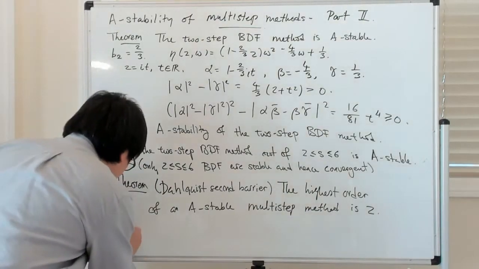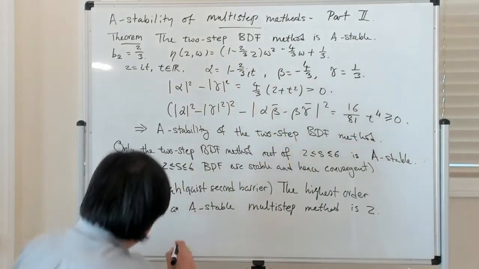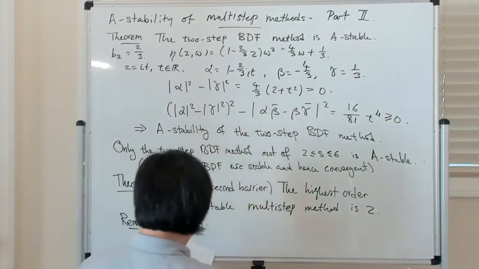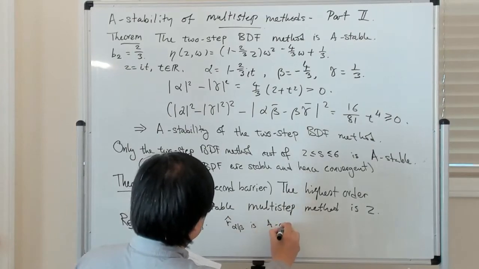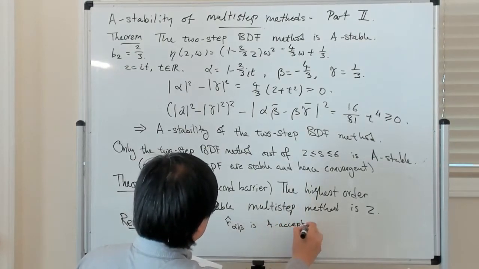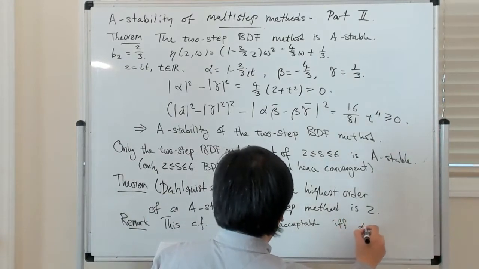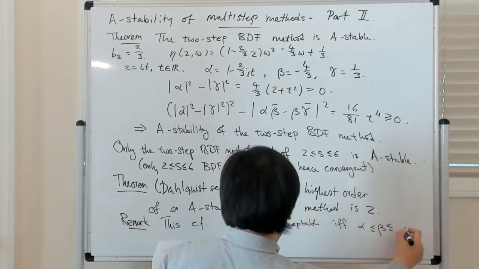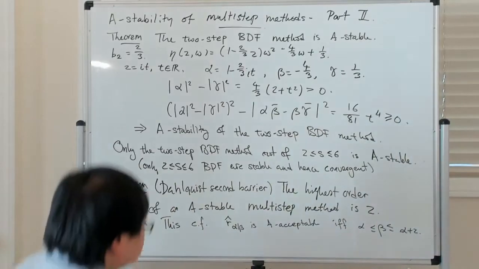So the remark is that this comes from the condition that R-hat alpha beta is A-acceptable if and only if beta is between alpha and alpha plus 2. Okay?